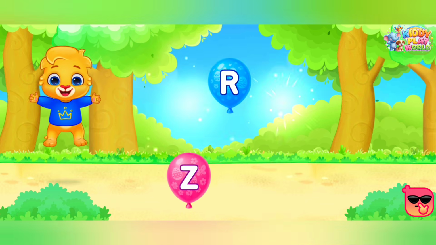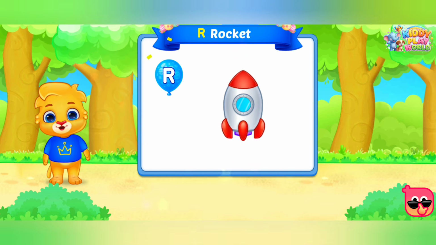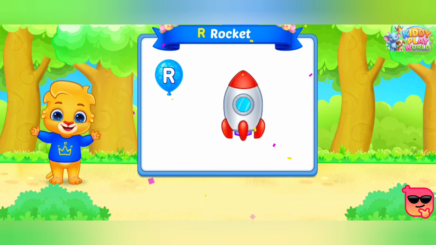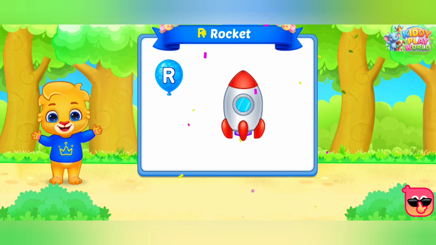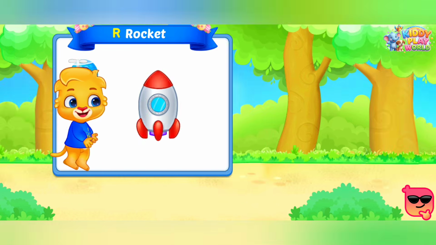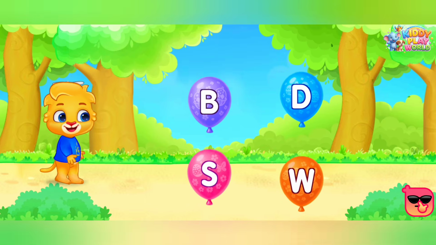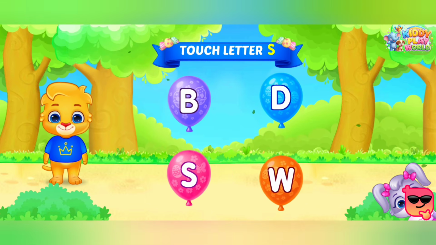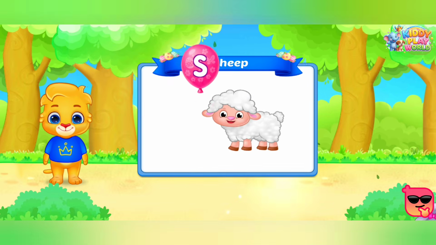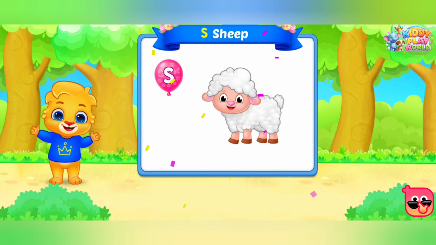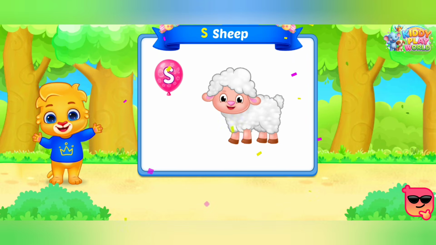R. R is for rocket. Touch letter. S. S is for sheep.